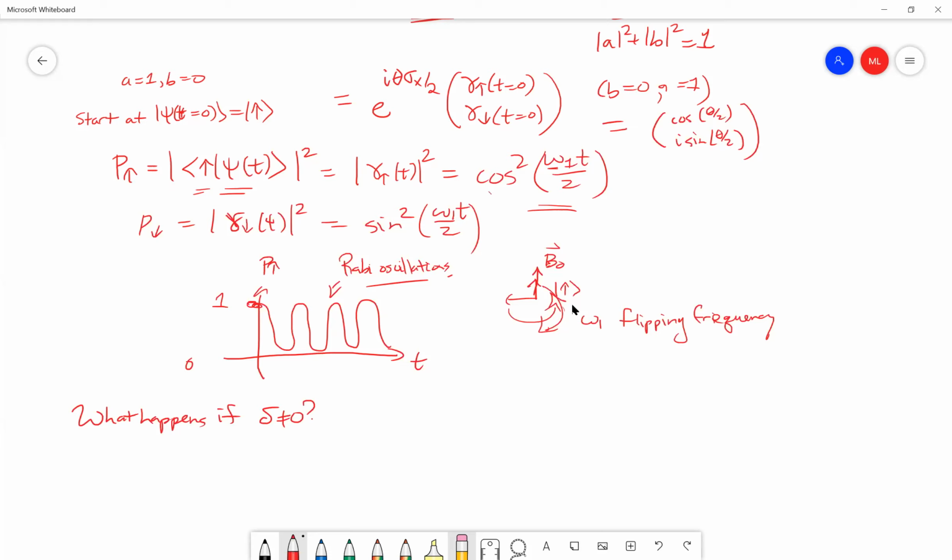And if you start thinking about it, if you average out over that rotation, it's going to have less of an effect, right? Because it's as if the field is pointing in all directions on average. So we'll see that if you're away from resonance, then you also get Rabi oscillations, but they're smaller. They don't have as big of an effect. And that's what we'll see.